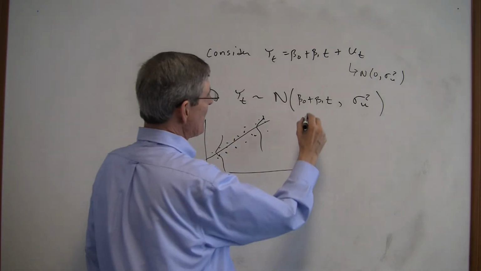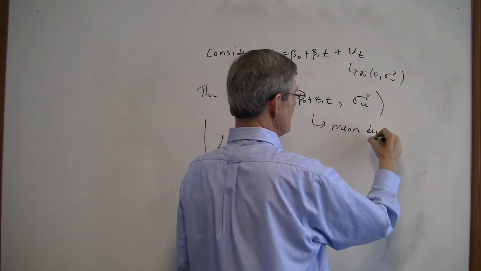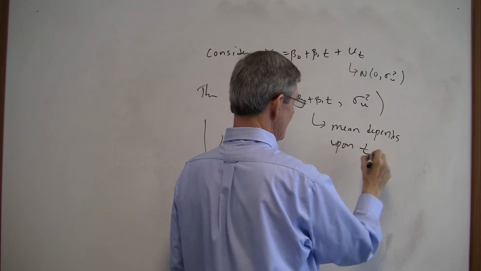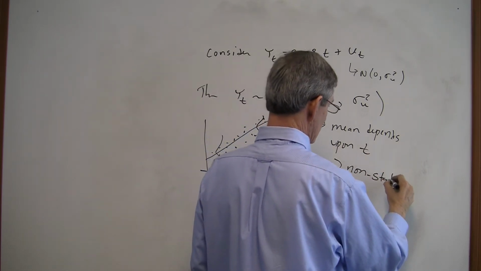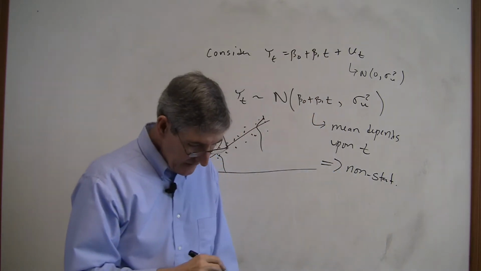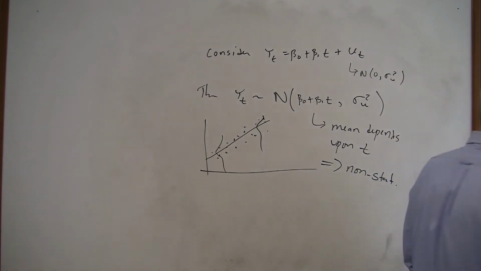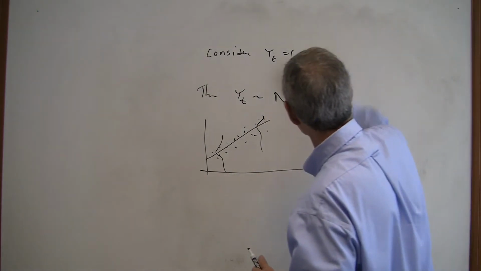But the point is that the mean depends upon t, and that means it's non-stationary. So before we could do anything with this, we would have to find a way to make the series stationary. We'll talk about that later.